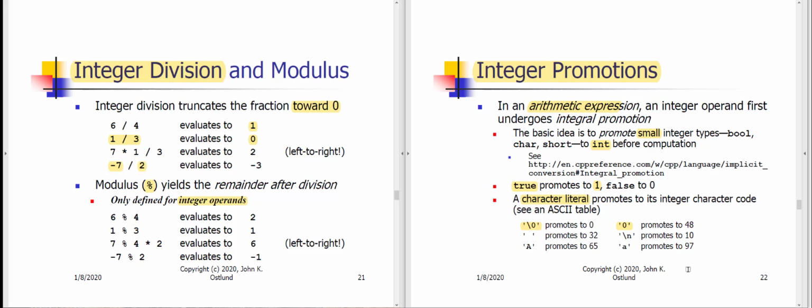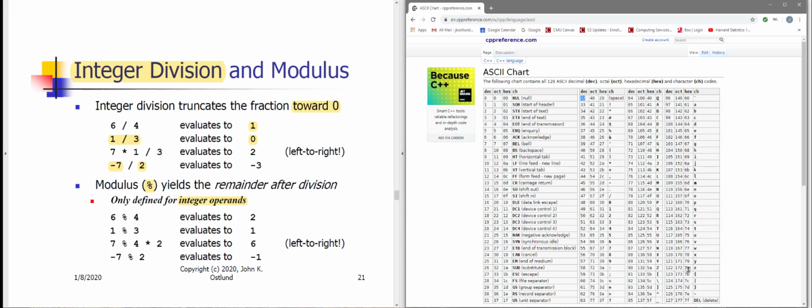Let's flip back to our ASCII chart to confirm that. Okay, so here is the so-called null character whose decimal value is 0. The 0 character, on the other hand, has a decimal value of 48. So it's very important to keep those two distinct from each other.